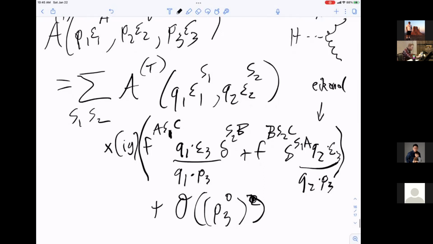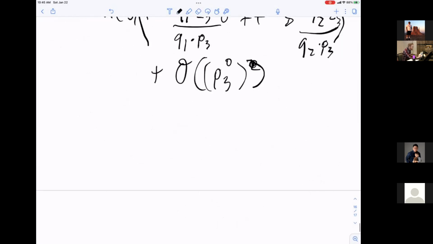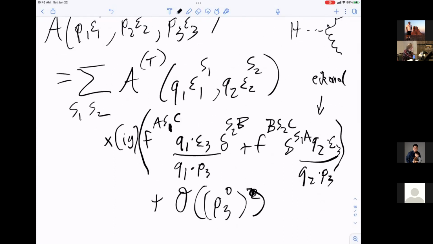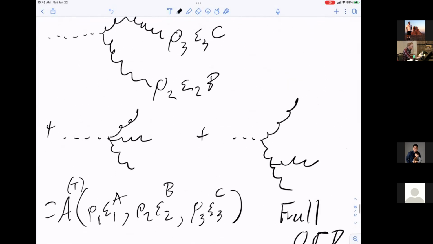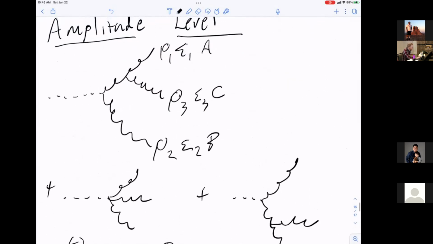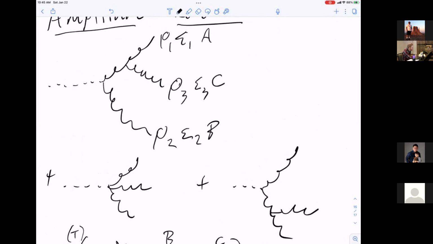Does that mean that if you were to draw a Feynman diagram, can you scroll back up a second? Right there. Does that mean that, for example, in the top diagram, you have some eikonal... yeah, you would find this particular propagator here is eikonalized. It's an eikonal gluon. It's got the epsilon.